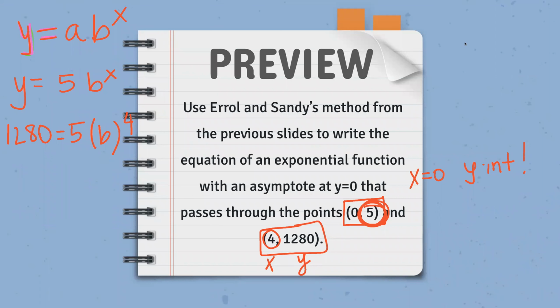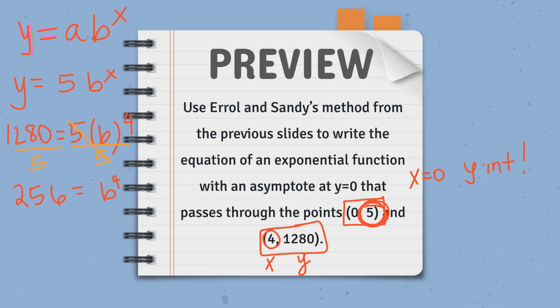So first step, I want to divide both sides by 5 to reduce this to 1. If I take my calculator and do 1280 divided by 5, I get 256 is equal to b to the 4th. How do we get b by itself?